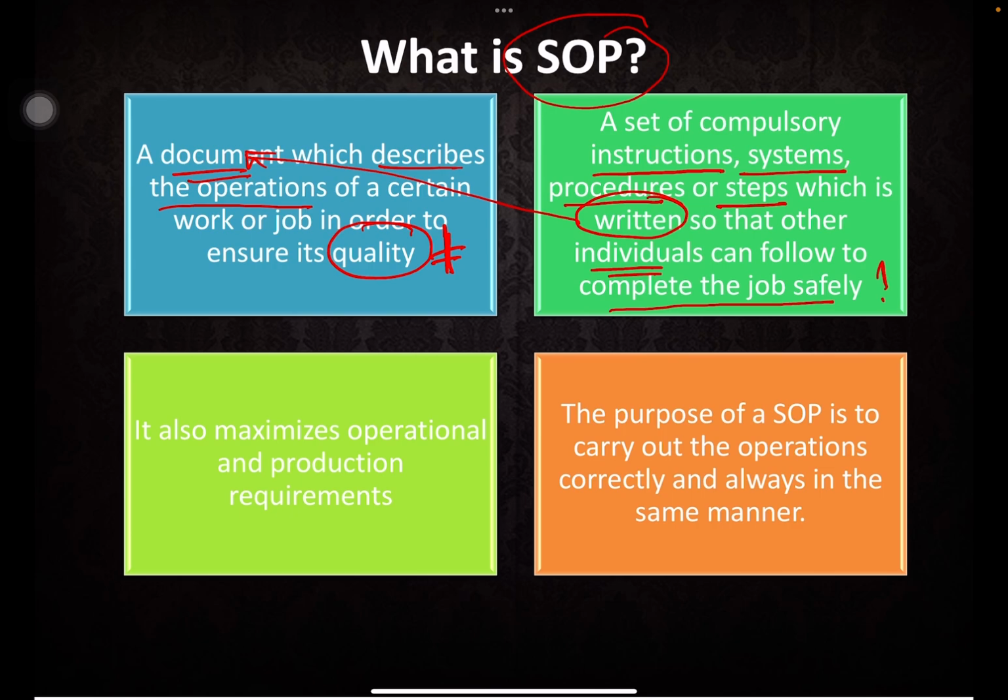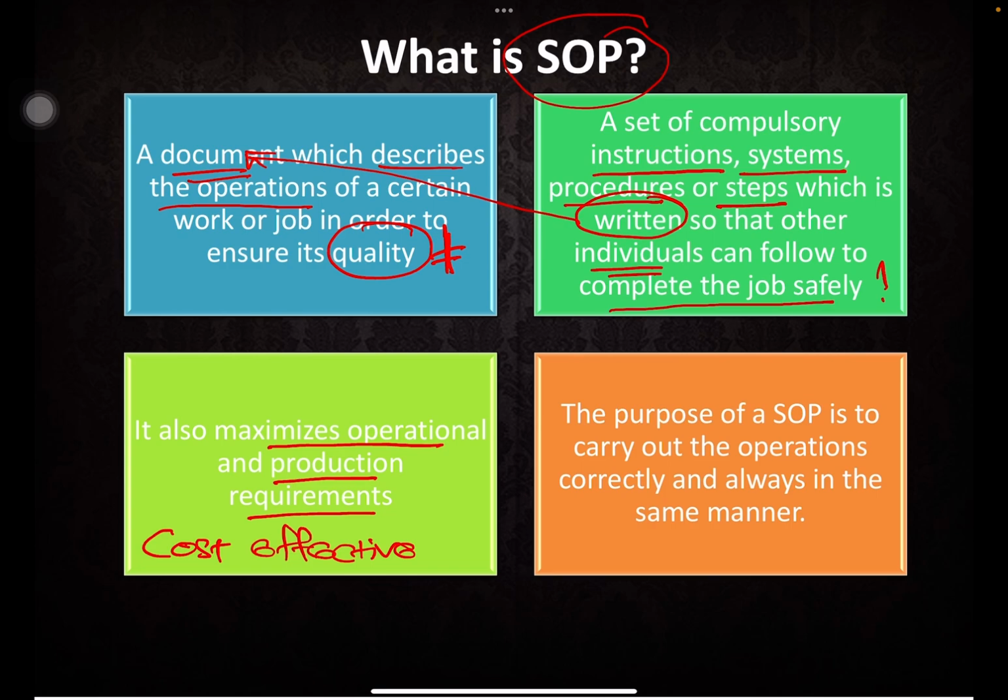SOP also maximizes operational and production requirements. For example, here we are talking about being cost effective. Let's say if you didn't follow the SOP, your company or the company that you are working with may have to put in more capital or financial implication because you are not following the correct procedure.